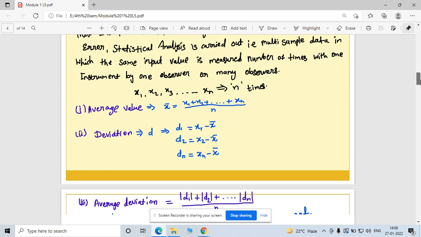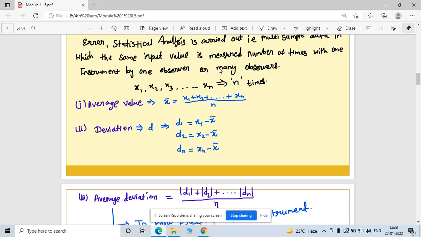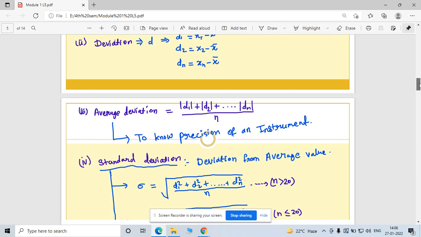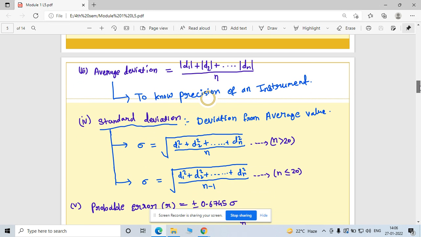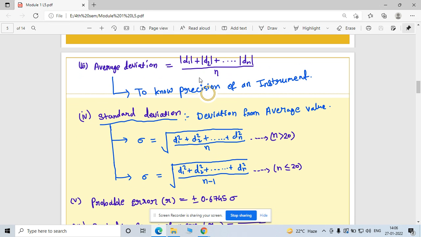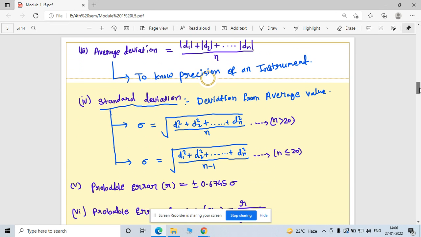I directly take the formulas, and you already studied these basic formulas in your 12th. The only difference is that these terms are related to error. So when we use those formulas, our intention is to find out the error.